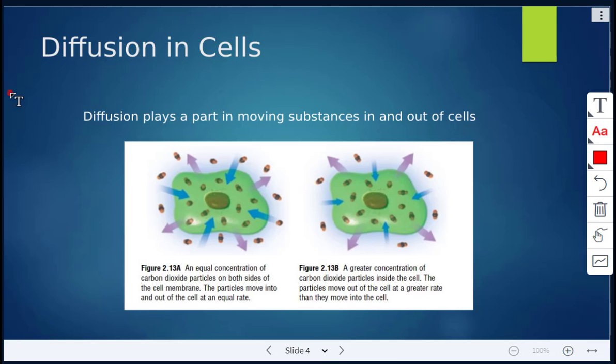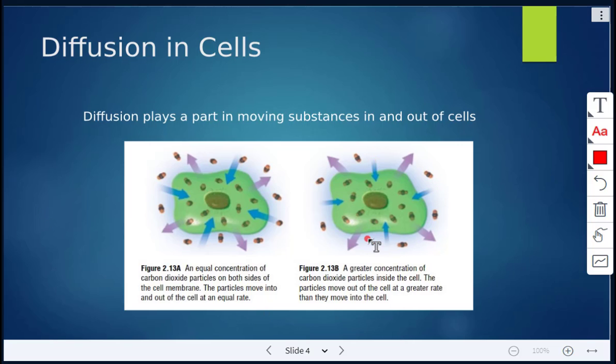All right, so diffusion in cells. Diffusion plays a part in moving substances in and out of cells. Here in this diagram, we have an equal concentration of carbon dioxide particles on both sides of the membrane. This is the cell, this is its membrane. There's an equal amount of carbon dioxide on the outside as well as the inside, so the particles move into and out of the cell at an equal rate.